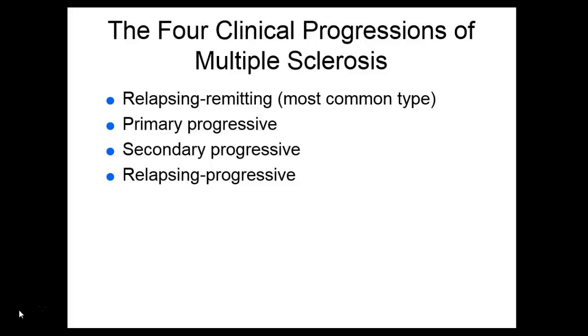It may or may not have occasional relapses, remissions, or plateaus. And then the relapsing progressive, where the disease steadily worsens from onset, but there are clear acute relapses with or without recovery. The disease progresses between relapses.